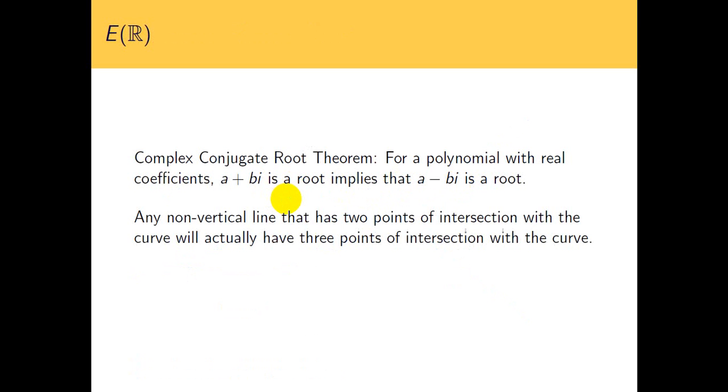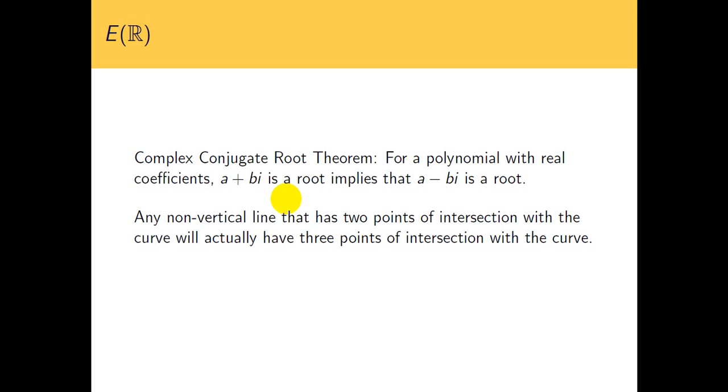If you remember, when we defined the elliptic curve, it was a cubic polynomial, and cubic polynomials have three complex roots, at least one real root, and possibly three. You can't have two real roots and one non-real root for a cubic polynomial.